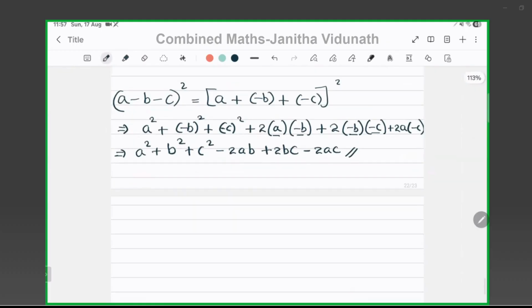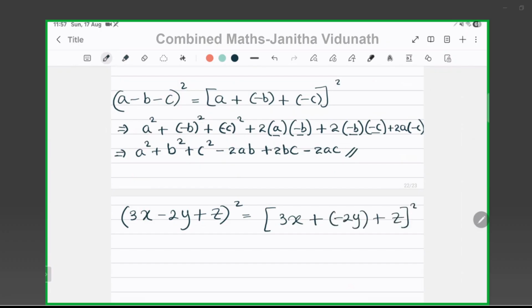Okay, I will do another example. Here we have (3x - 2y + z) whole square. Then first we need to write this as (3x plus minus 2y plus z) whole square.